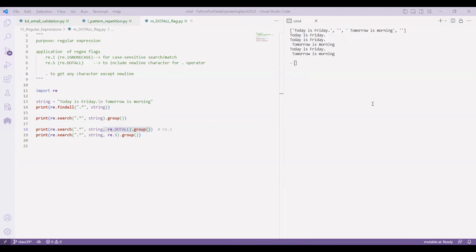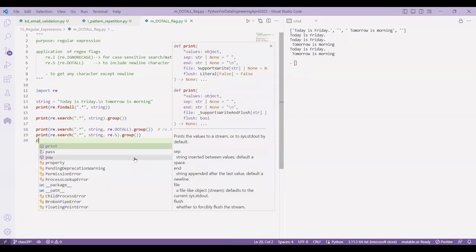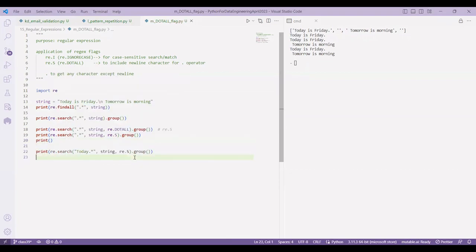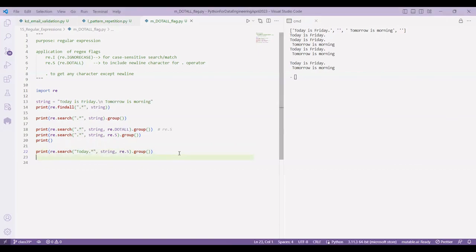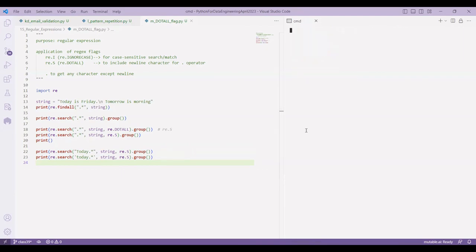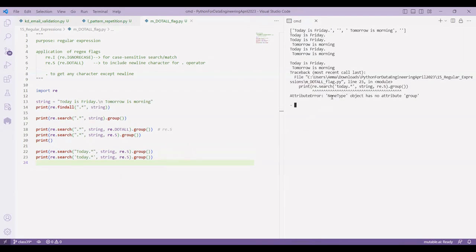Now if I ask for today followed by dot star, and I gave the S flag, you get the entire text. At the same time, if I go for the same example like this, what will happen? Today dot star means today should be there followed by dot star, but here the T is not capital.